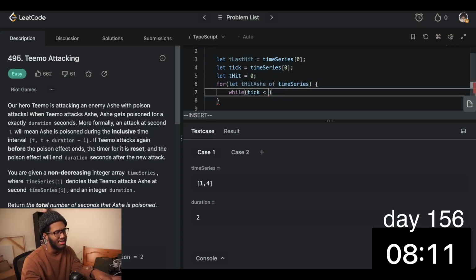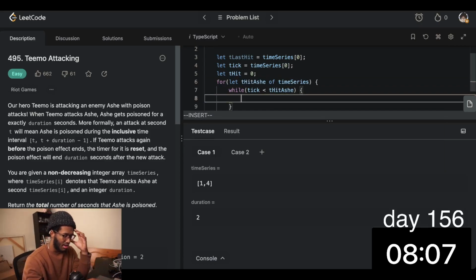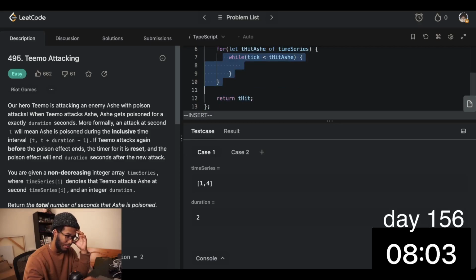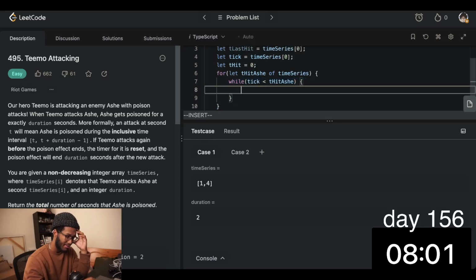While tick is less than t hit Ashe, they'd be the same when we start, so this wouldn't actually run at all. We pretty much want this to iterate up until t hit Ashe, then go to the next value, and iterate up until t hit Ashe again.